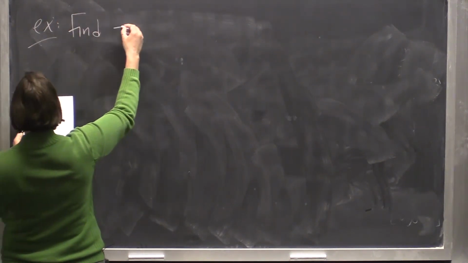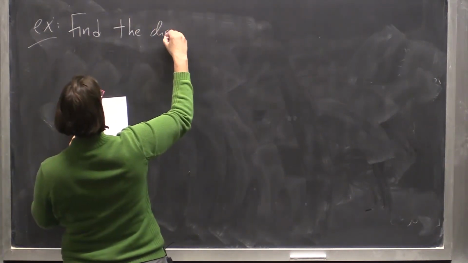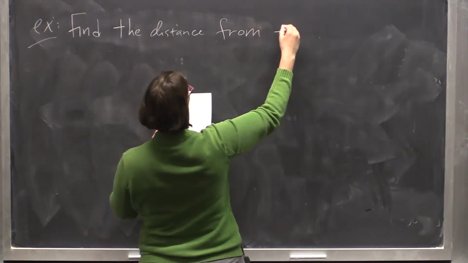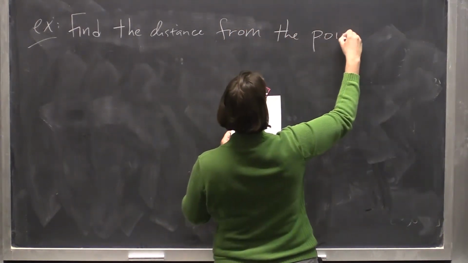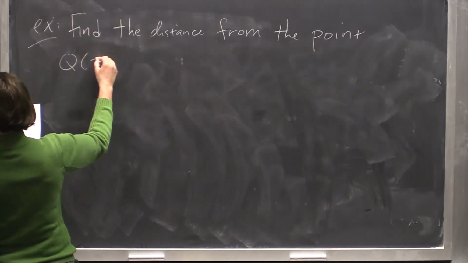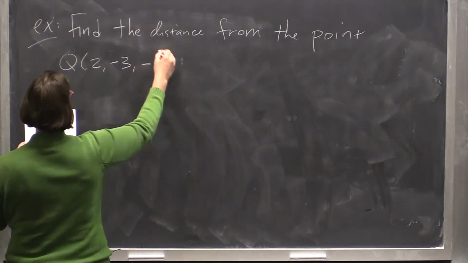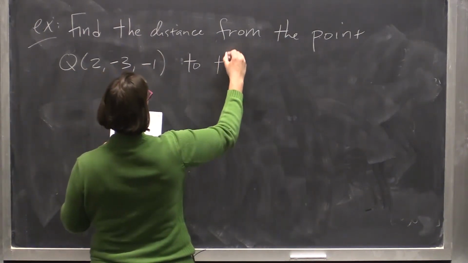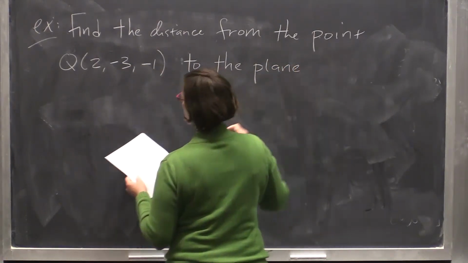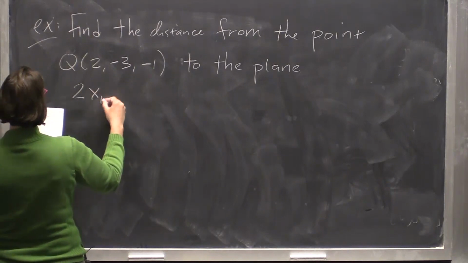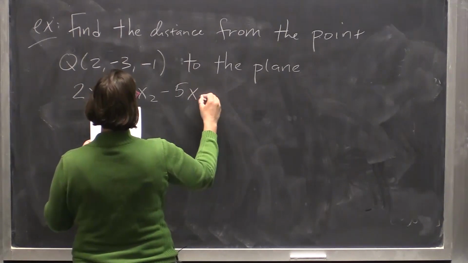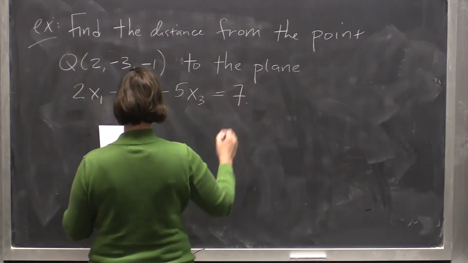Find the distance from the point Q, which has Cartesian coordinates 2, minus 3, minus 1, to the plane given by 2 times x1 minus 3 times x2 minus 5 times x3 equals 7.